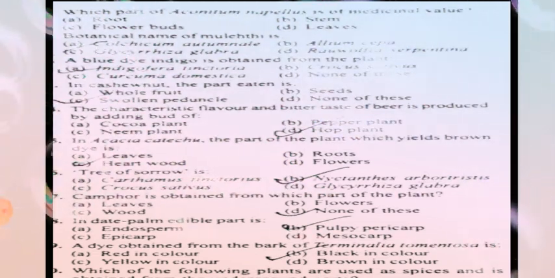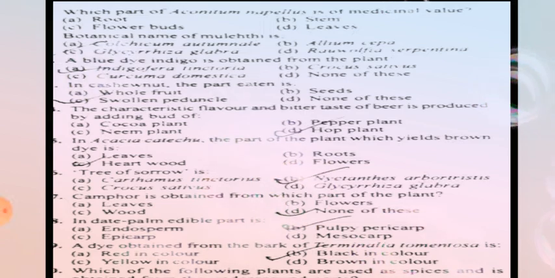Then comes the botanical name of mulethi. We have already discussed it in the previous video. Its scientific name is Colchicum autumnale, so option A is the correct answer. Then the question: a blue dye, indigo, is obtained from which plant?